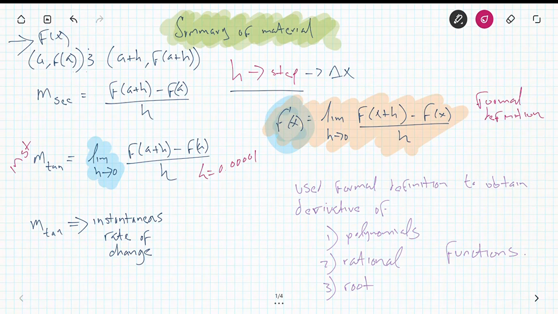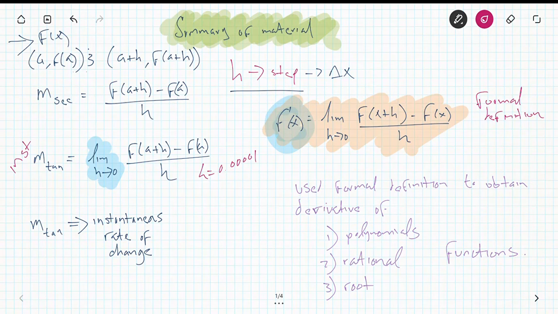Now, we could do that for eternity and find an endless amount of points, but the derivative basically gives us a general expression for the rate of change, or the instantaneous rate of change. So we're going to take f prime of x equals the limit as h approaches 0 of f of x plus h minus f of x over h.